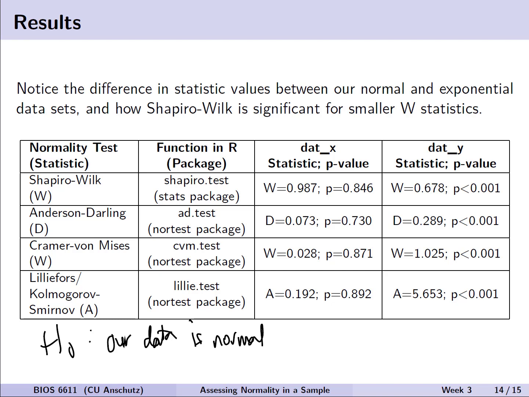we can look in our column for dat_x for that normally distributed simulated data here. And we see that in all cases, the p-value is significantly larger than the 0.05 threshold we commonly use. Therefore, we would conclude that we failed to reject that null hypothesis, and we would say our data seems to be normal. Again, this stands in a drastic contrast to our exponential distribution of dat_y.